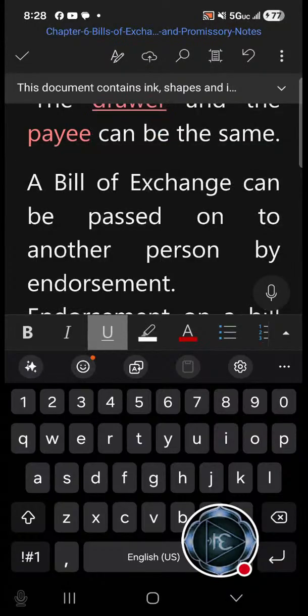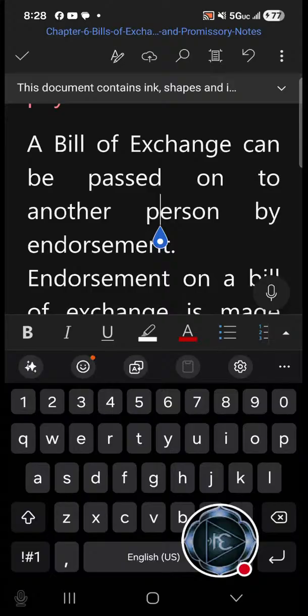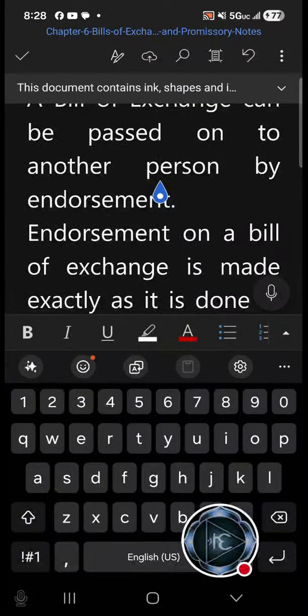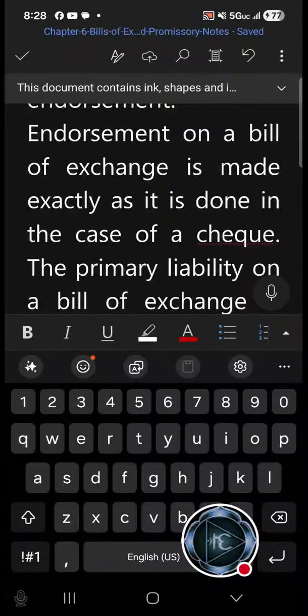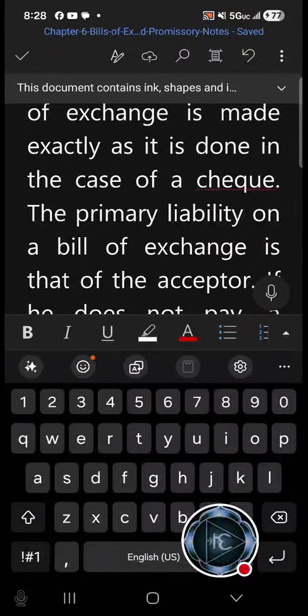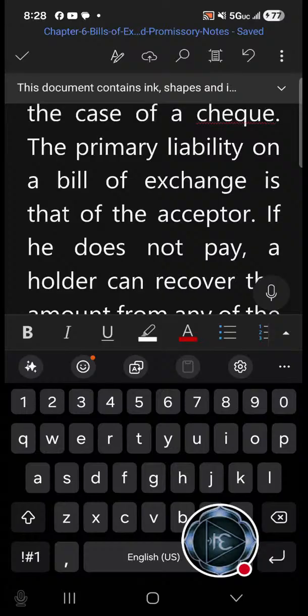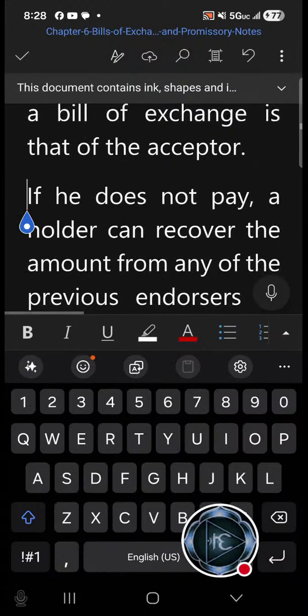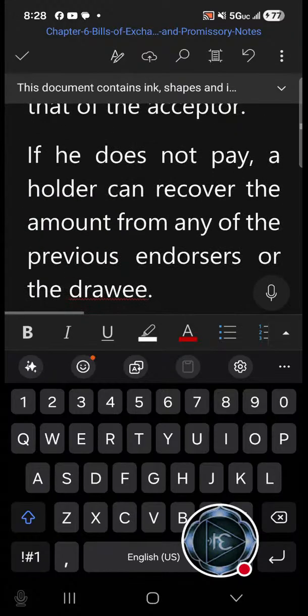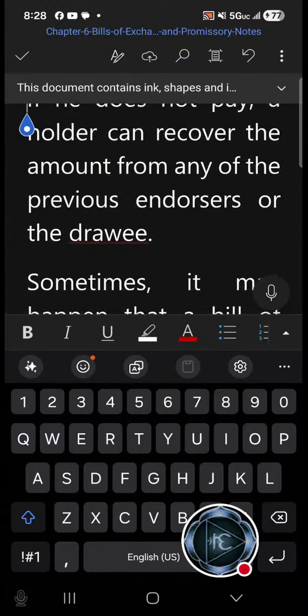A bill of exchange can be passed on to another person by endorsement. Endorsement on a bill of exchange is made exactly as it is done in the case of a check. We discussed that. The primary liability on a bill of exchange is that of the acceptor. If he does not pay, a holder can recover the amount from any of the previous endorsers or the drawee.